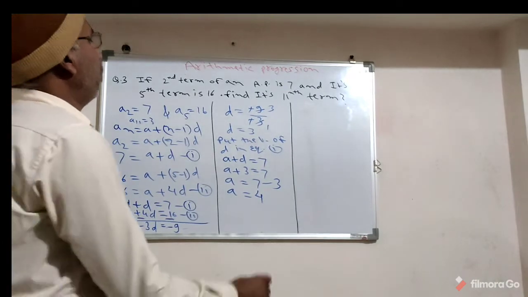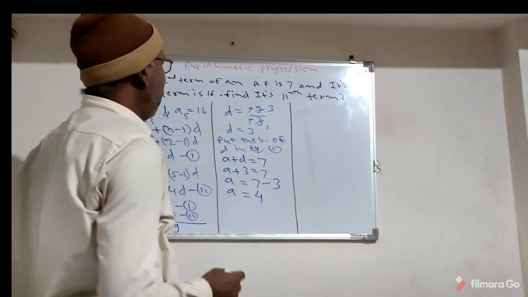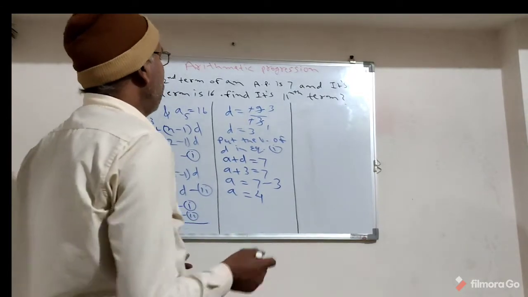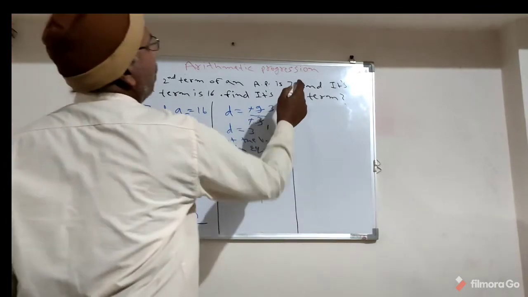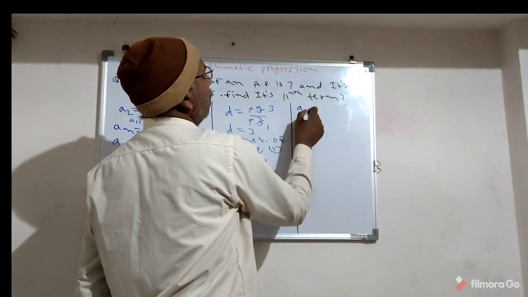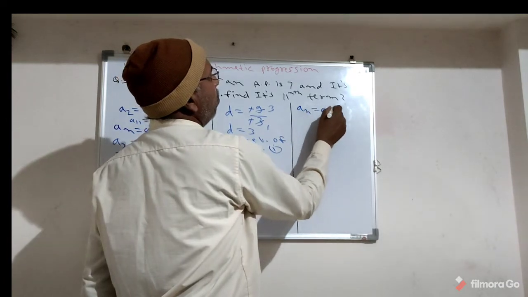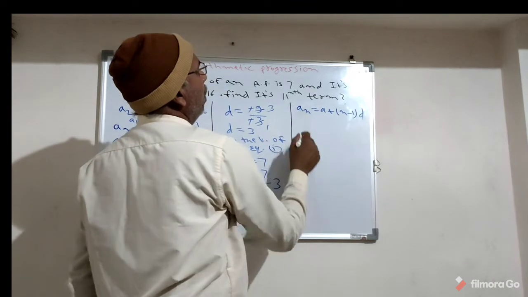Now we have the value of D and the value of A. Using these values, we find the 11th term of the AP. We rewrite the formula for the nth term, An equal to A plus n minus 1 into d.